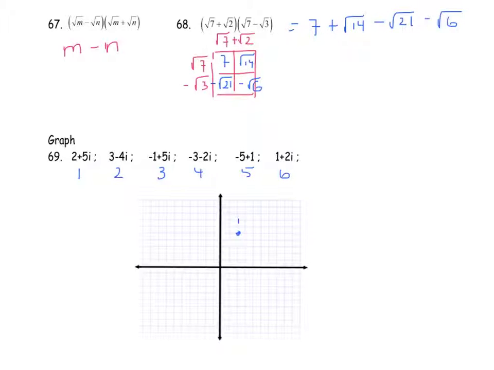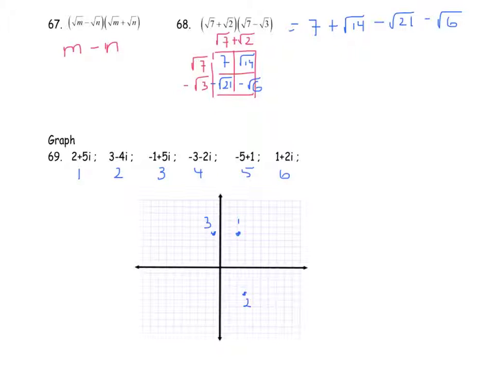So 3 minus 4i is going to be down here. That's 2. Then the next one is negative 1 plus 5i, negative 1 and 5i. That's number 3.